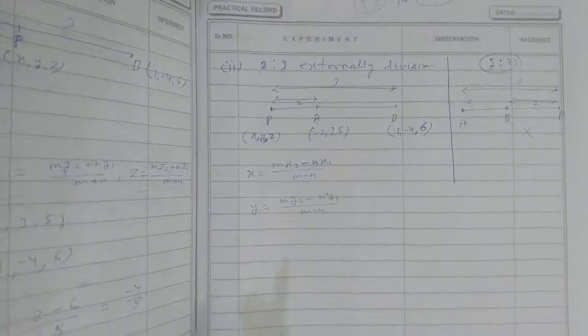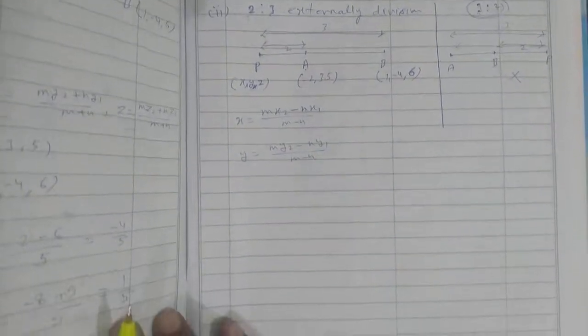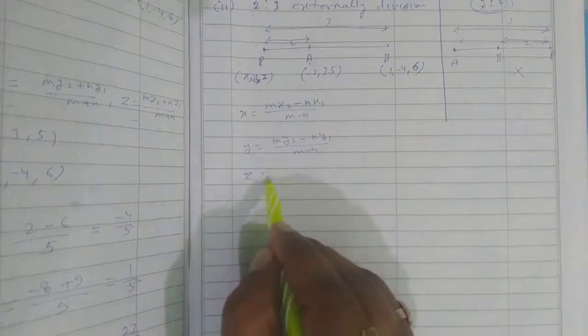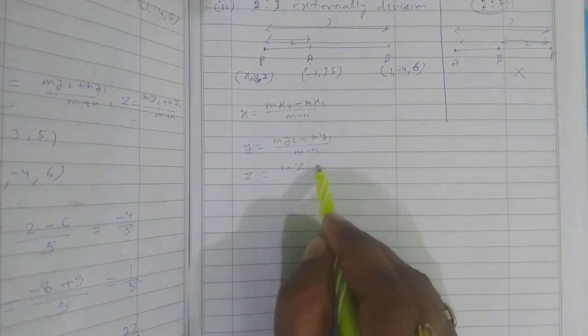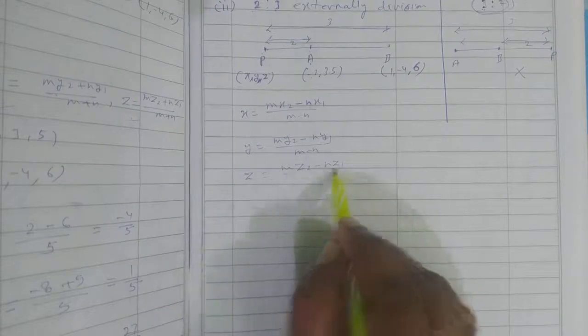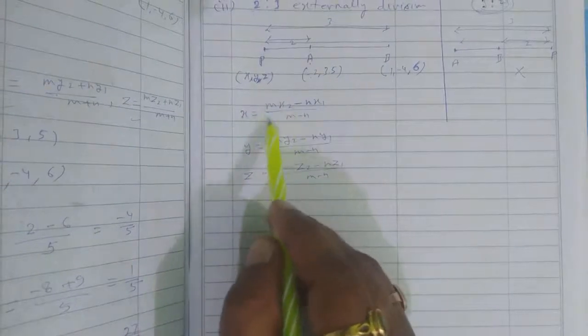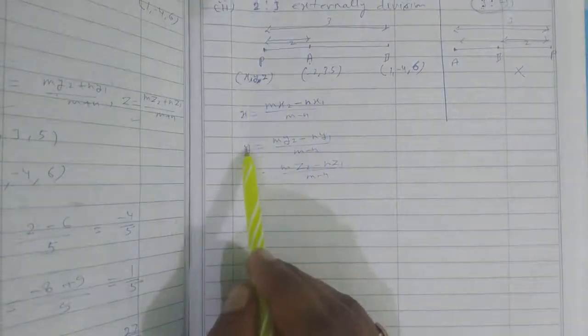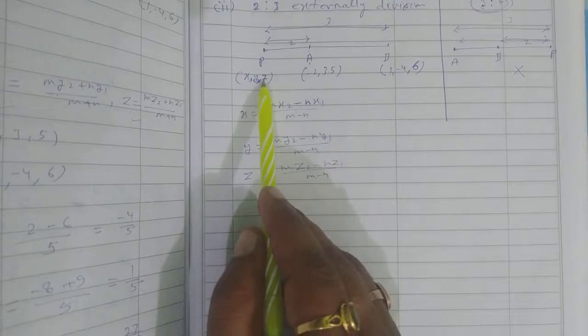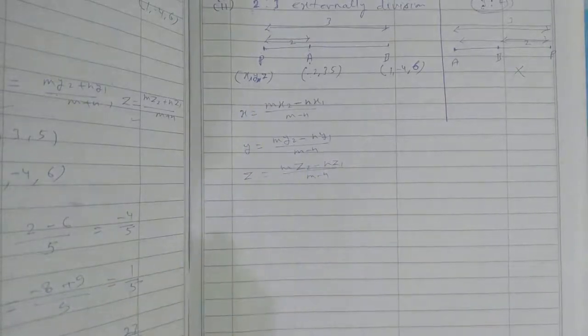And the coordinate of z, same here: z = (m z2 minus n z1) upon (m minus n). So these are the coordinates of this point P, x, y, z. The value of x you will find in this way, the value of y in this way, and the value of z in this way.